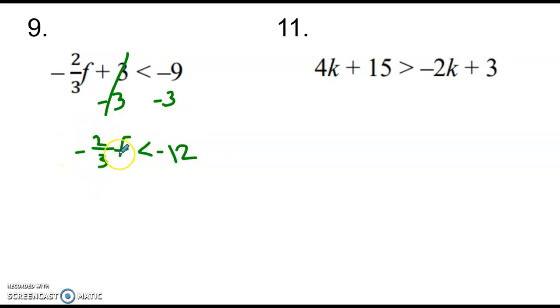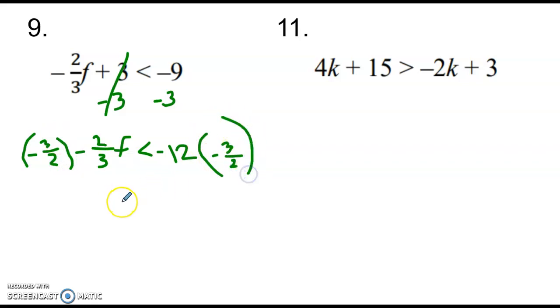So in order to get rid of a fraction in front of a variable, we always multiply by the reciprocal. The reciprocal of negative 2/3 is negative 3/2. Make sure it's negative. And when I do this, I am going to get f is greater. Reverse that inequality sign, since I multiplied by a negative here. And that's going to give me positive 18.